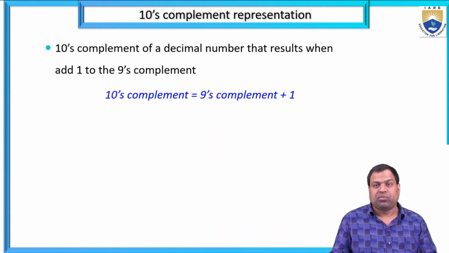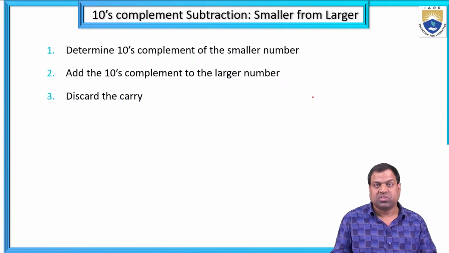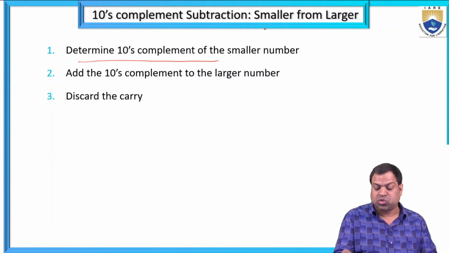Next, 10's complement of a decimal number. The result is obtained when we add 1 to the 9's complement. So 10's complement equals 9's complement plus 1. Determine the 10's complement of the smaller number, add it to the larger number, and discard the carry. So first determine the smaller from the larger, larger minus smaller.